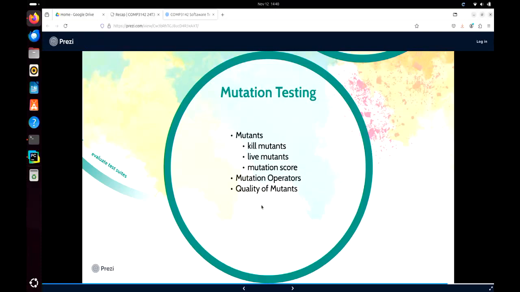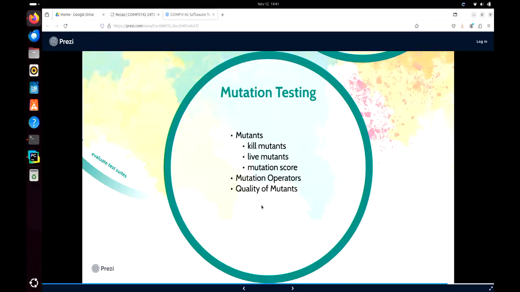So for example, if we create a set of test cases for a program, and we want to evaluate the quality of this set of test cases, what should we do? We should create a set of target programs, right? The way of creating them is to mutate the program, adding small changes to generate new programs. The newly generated programs are called mutants here.